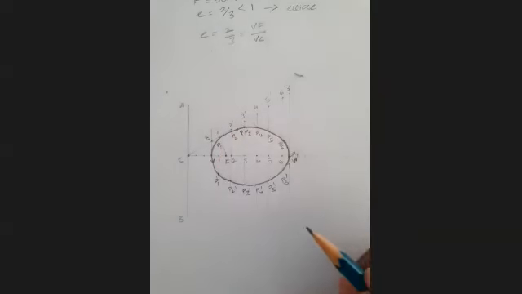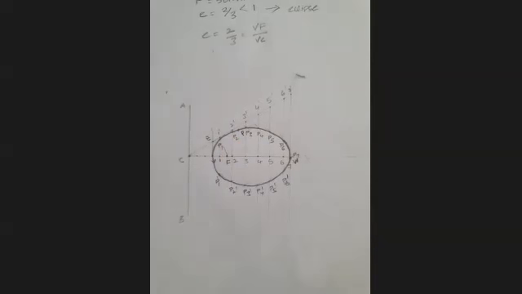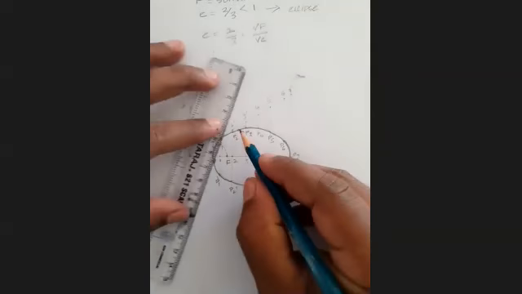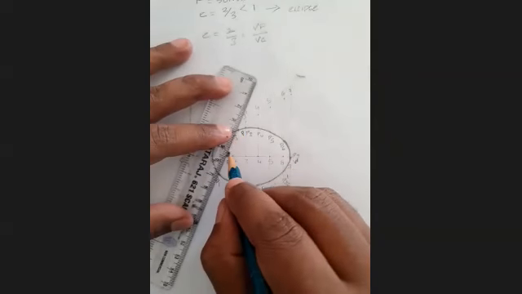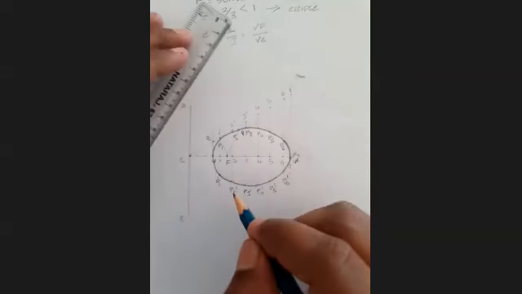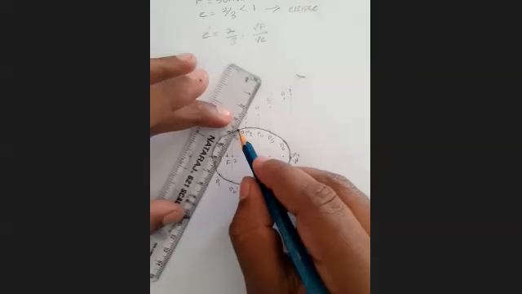Now next, join that point to F. Join PF. We'll get PF inclined line.